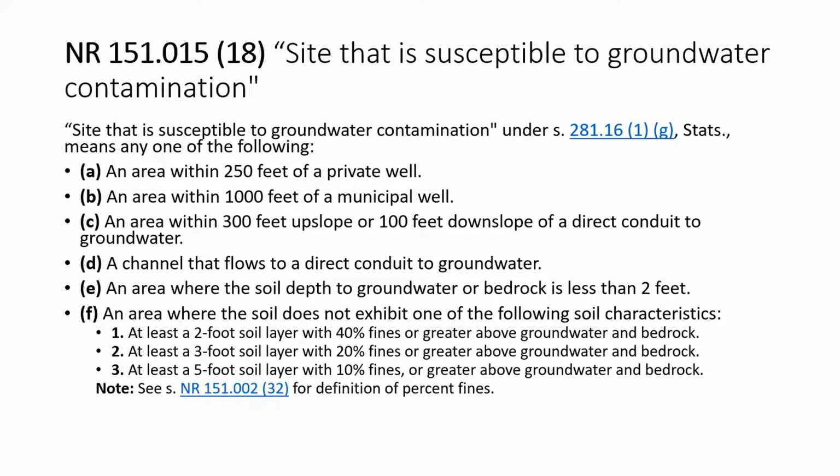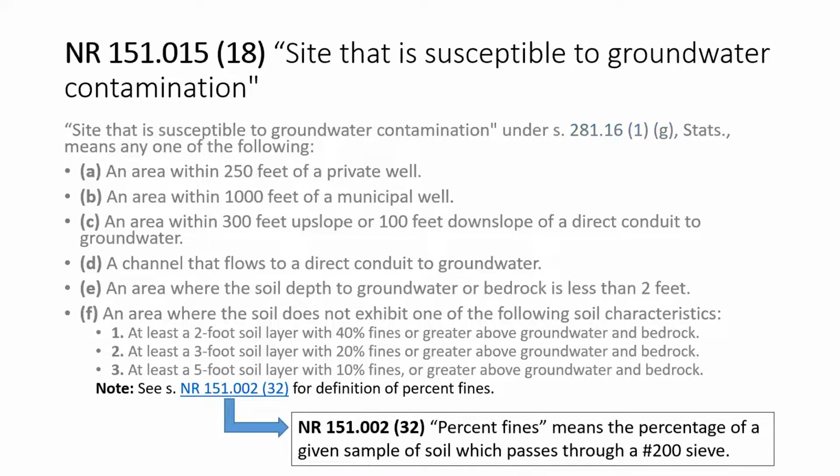If we move to the next, we'll see that NR 151 even defines percent fines for us, again, in that first section of NR 151. The idea here is that fines are the component in the soil that slows water transport.